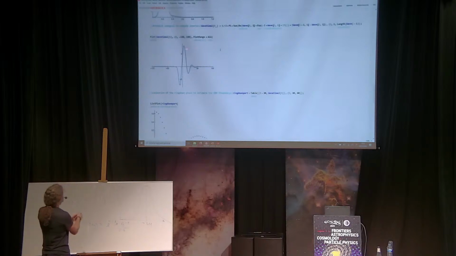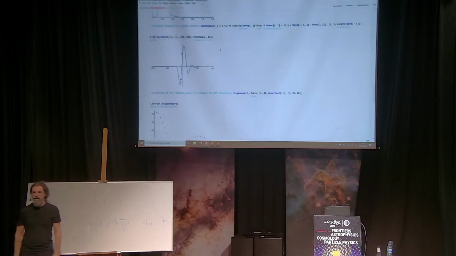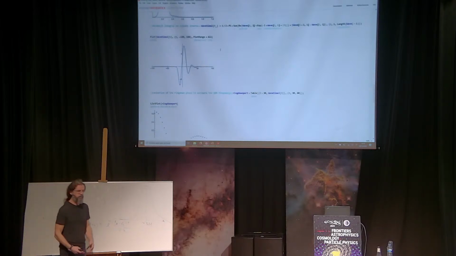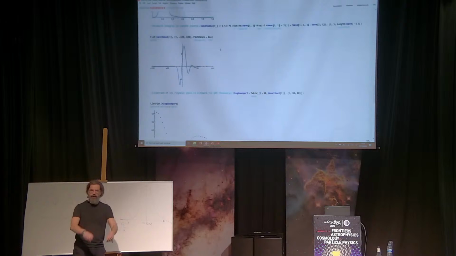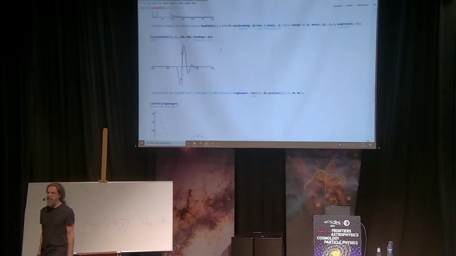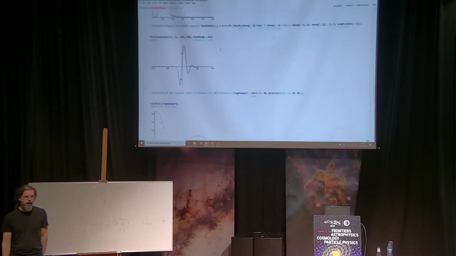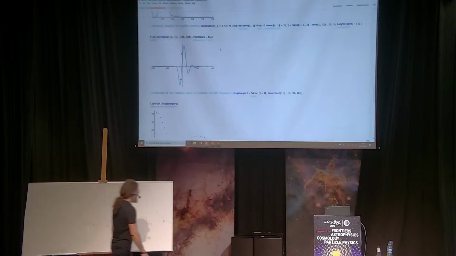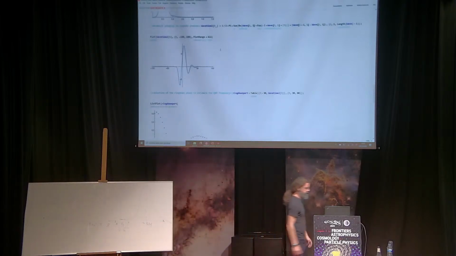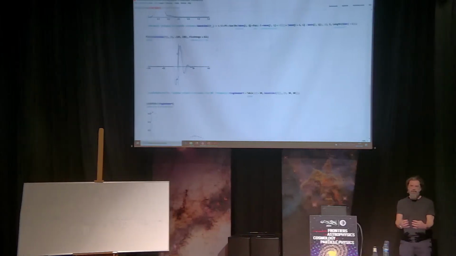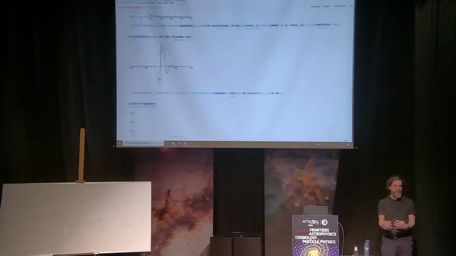Meaning, this decay timescale over here and the ringing frequency was universal. It didn't really depend on what exactly you were throwing at the black hole. It was always dying off in the same way, okay? Which means you're actually looking at something that's characteristic of the black hole, okay?